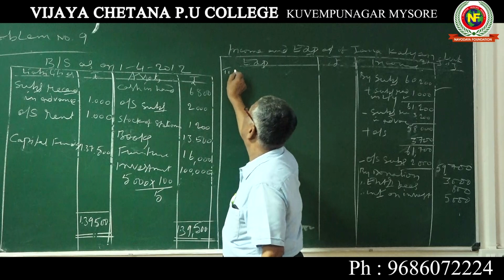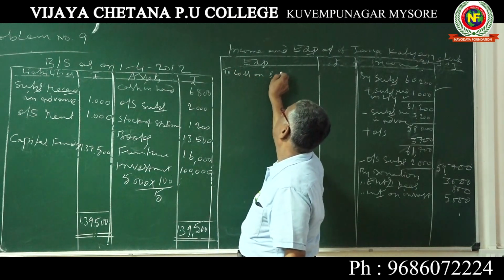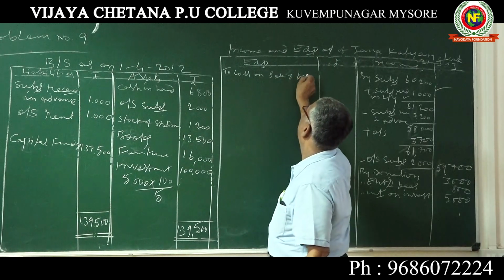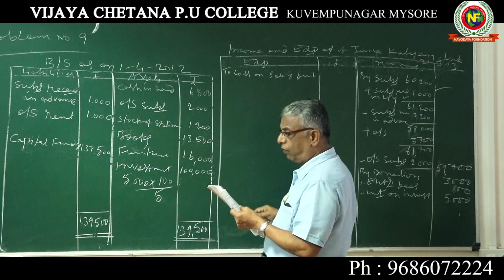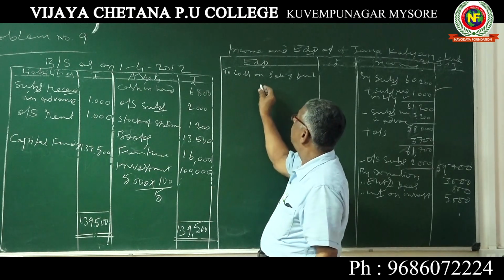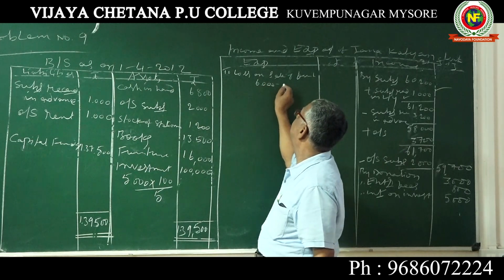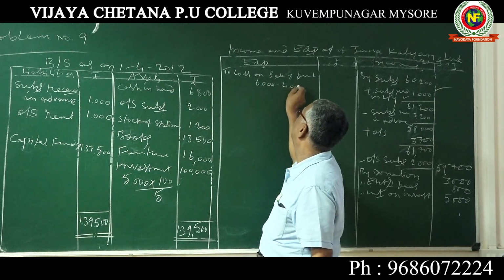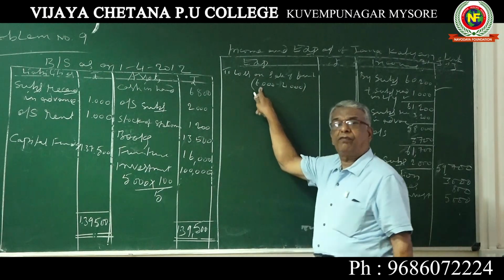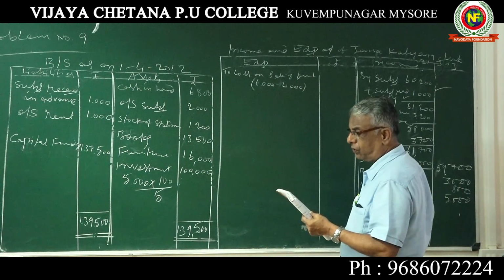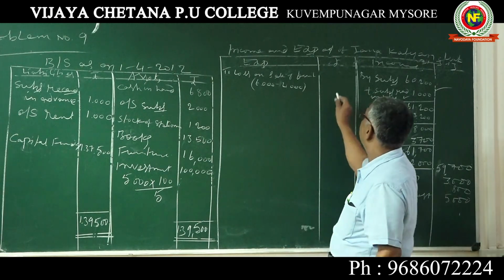Loss on sale of furniture. As you know, furniture costing rupees 6,000 was sold for rupees 4,000. So they have incurred a loss of rupees 2,000.